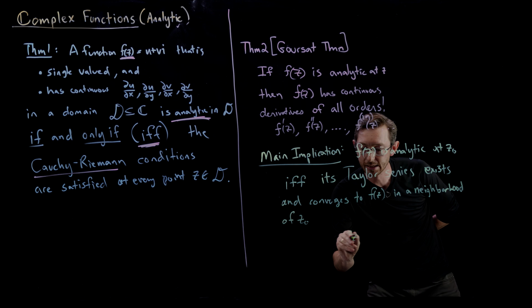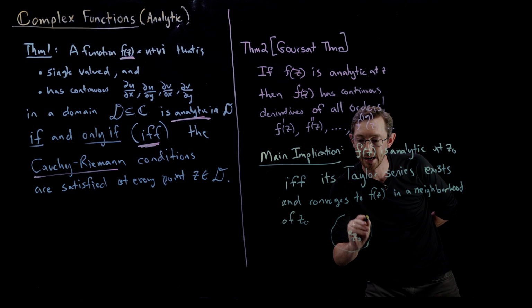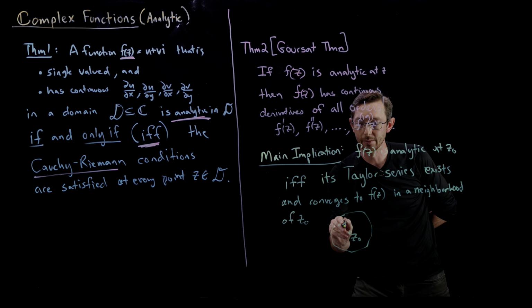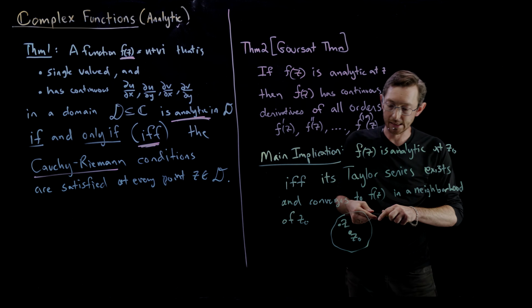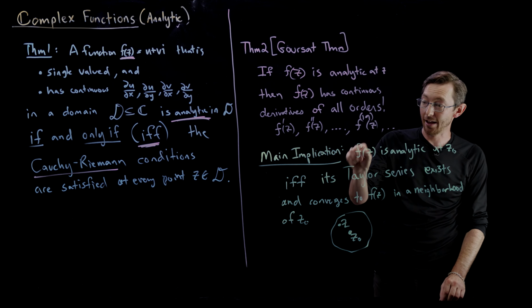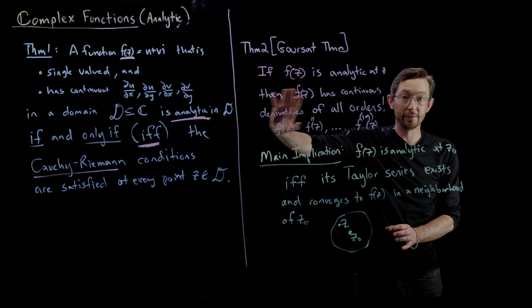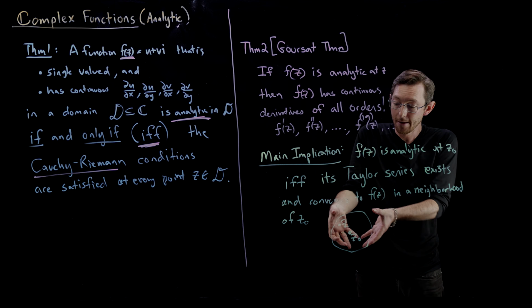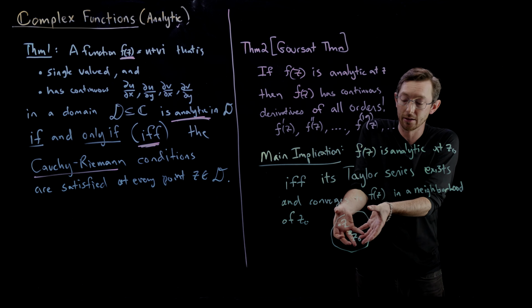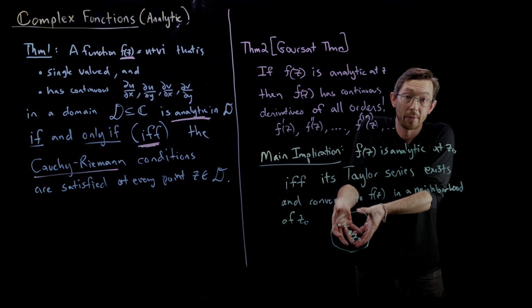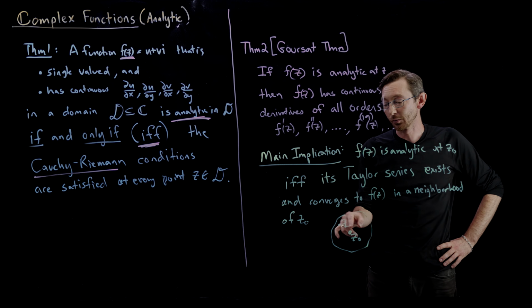So essentially I have some z naught, and some neighborhood of z naught where I have some z. What this means is that if my function f is analytic at this base point z naught, all of the derivatives are continuous and exist, and the function has a convergent Taylor series in some neighborhood of that base point, which is really cool.